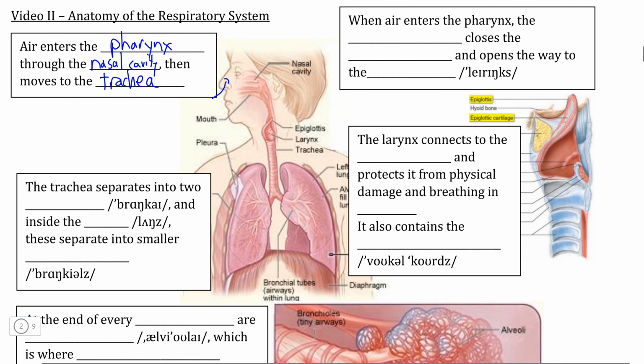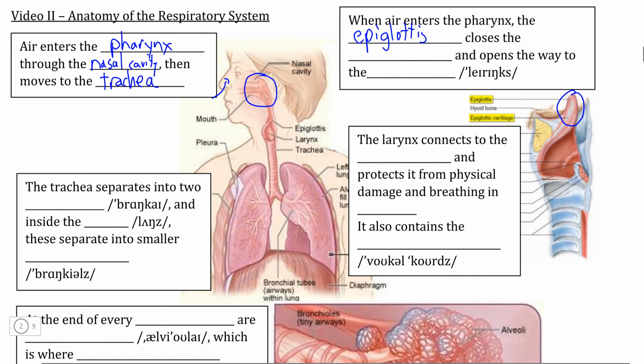So if we revisit the role of the pharynx, remember that the pharynx is this space in here, right above the opening to your trachea, where air and food are separated by a muscle that we call your epiglottis. Remember that the epiglottis is the muscle that blocks the trachea whenever you eat in order to prevent food going into your lungs.